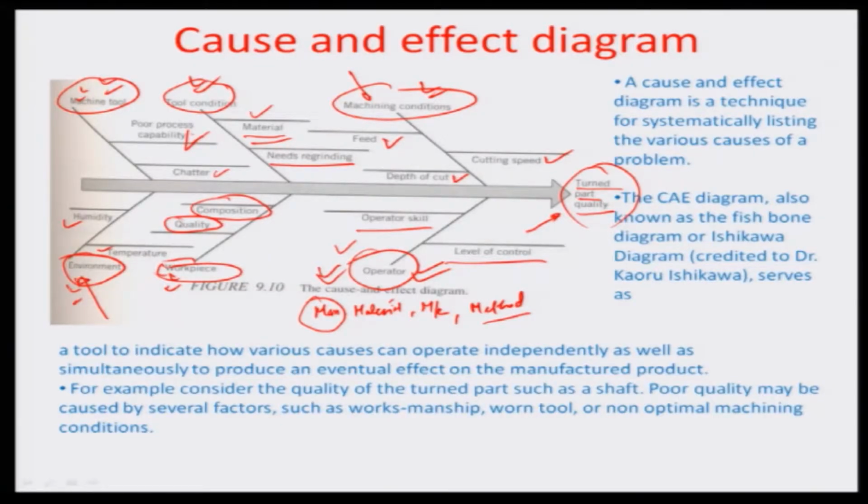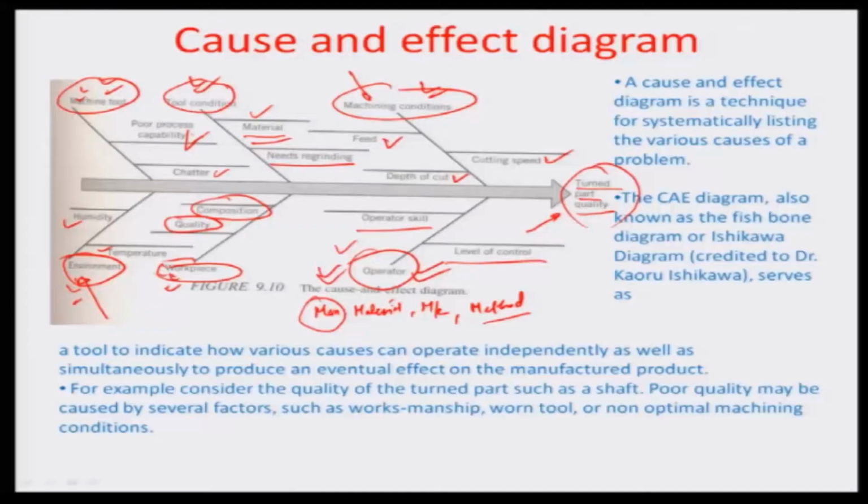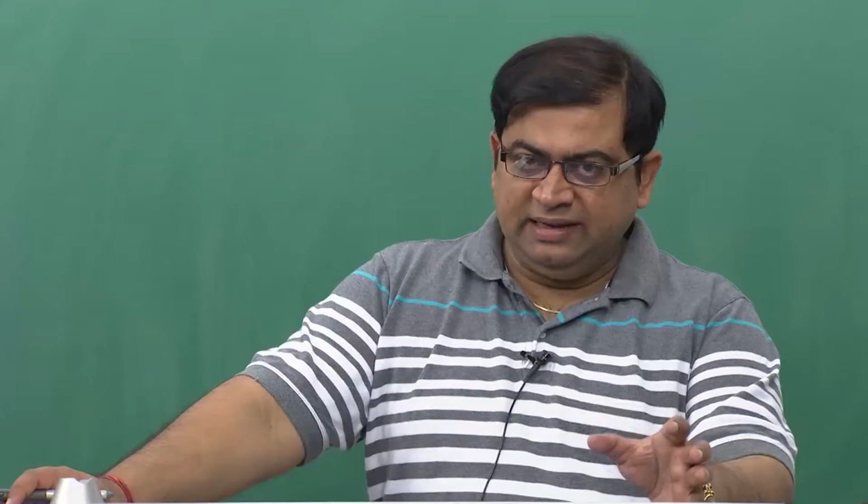So in fact all process defects can be recorded as the Ishikawa diagram or this kind of fishbone diagram, and this is credited to Dr. Kaoru Ishikawa, who actually was the inceptor of this kind of concept. And so if you have several such fishbone diagrams illustrating the quality of your part, it is really a very organized study as to what would be the causes and what would be the effect.